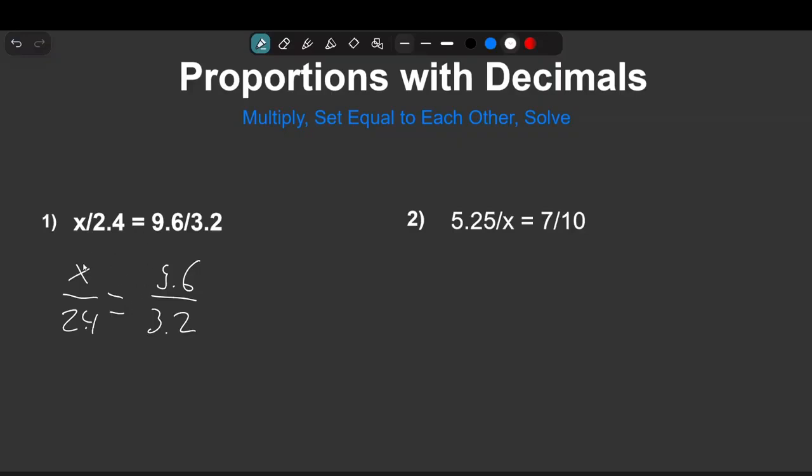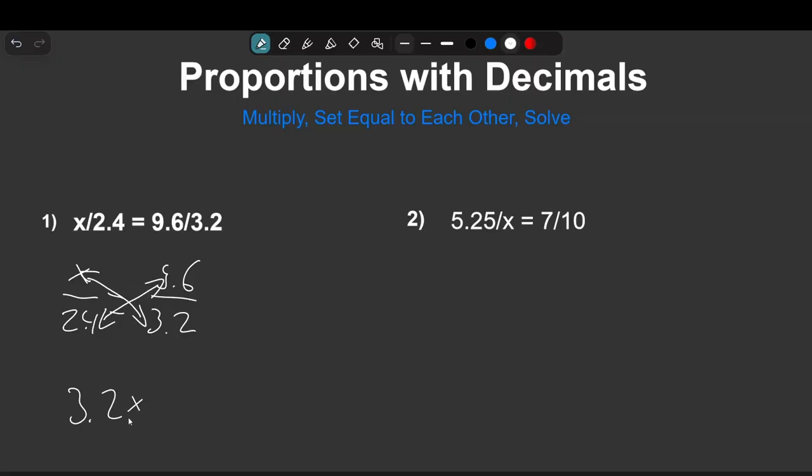Cross multiplying basically means we're creating a little cross like this. We're going to multiply x by 3.2, and we're going to multiply 2.4 by 9.6. So x times 3.2 will just equal 3.2x.